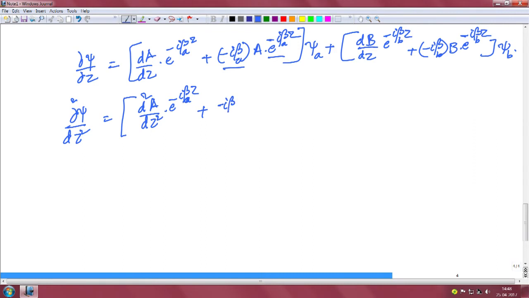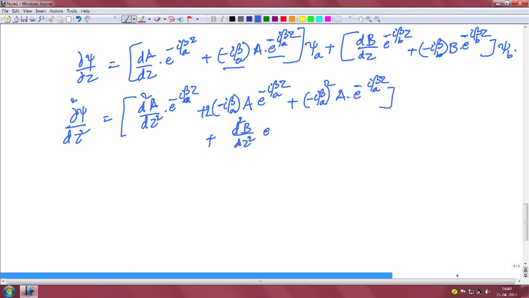So we can write it as d psi A by dz into A e power minus i beta A z, and because already one term is there, you can just set double of that, plus differentiating once again this factor, minus i beta A whole square into A into e power minus i beta A z, plus the corresponding factor in terms of b, d square psi b by dz square into e power minus i beta b z.